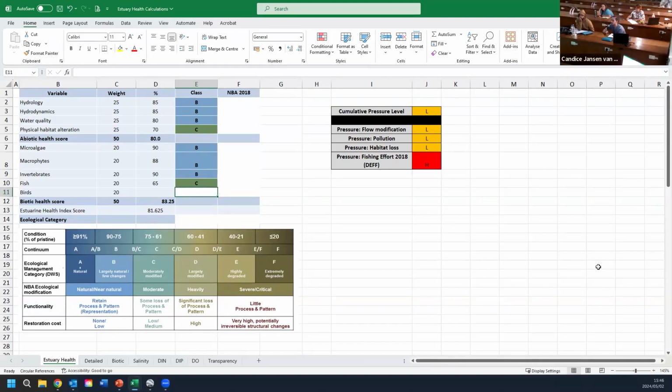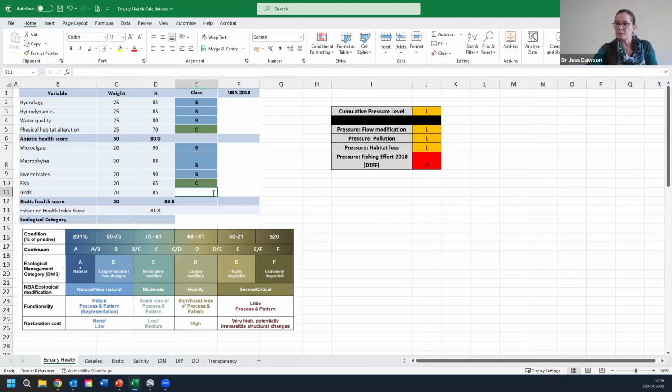It would probably still be quite high because there are quite a few invertebrates for it to feed on, and the human activities aren't that high. So it'd probably be close to 85% still. 85. Okay.